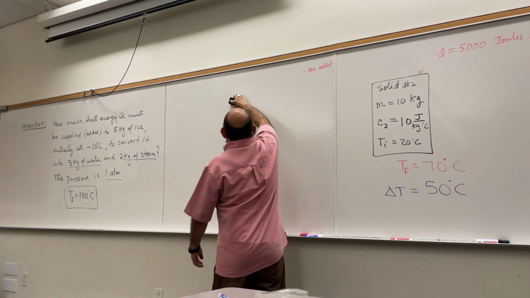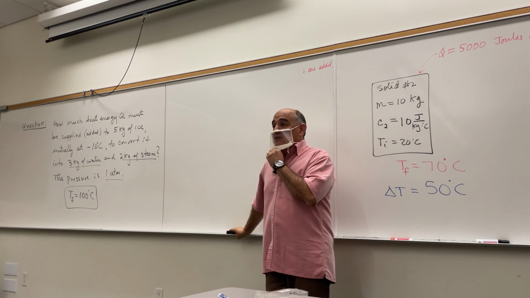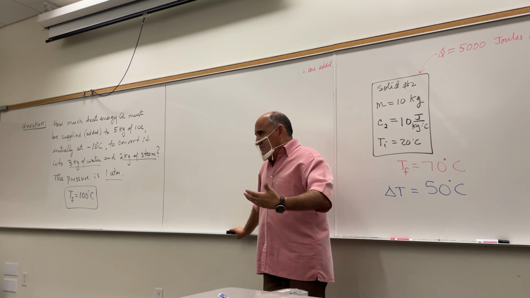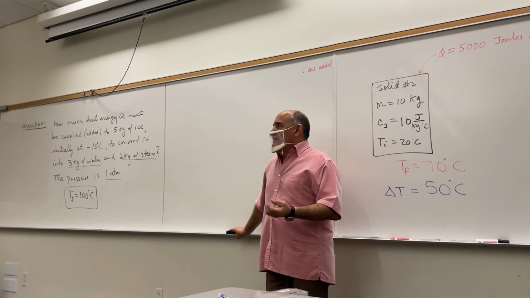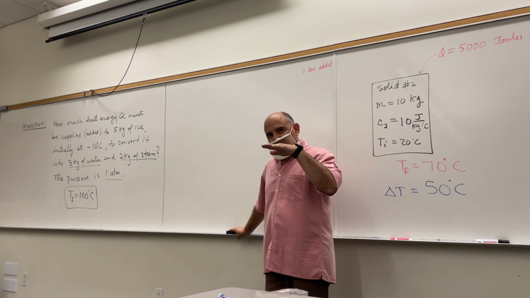So it's a good thing that water has a relatively high value of specific heat. It resists changes in temperature more than other substances, and that helps our bodies maintain a certain temperature, right?